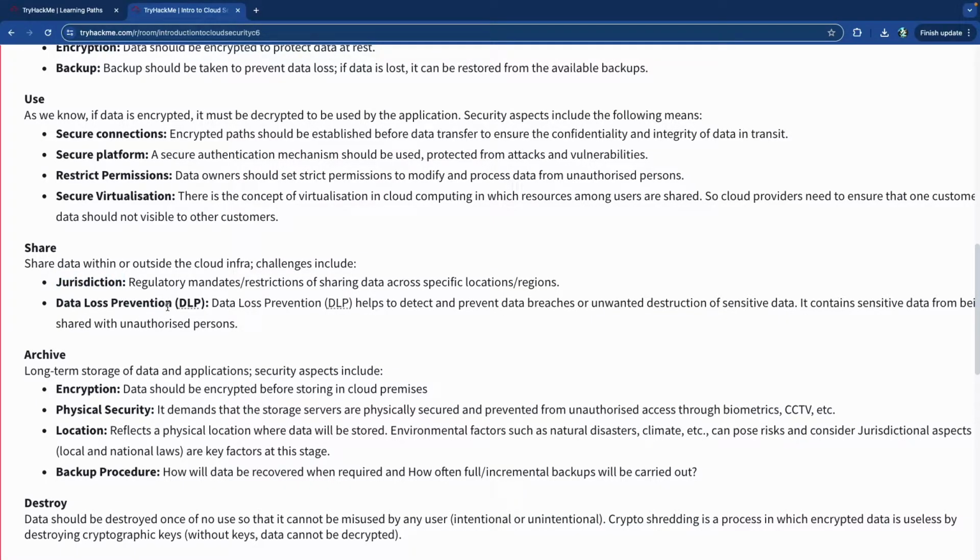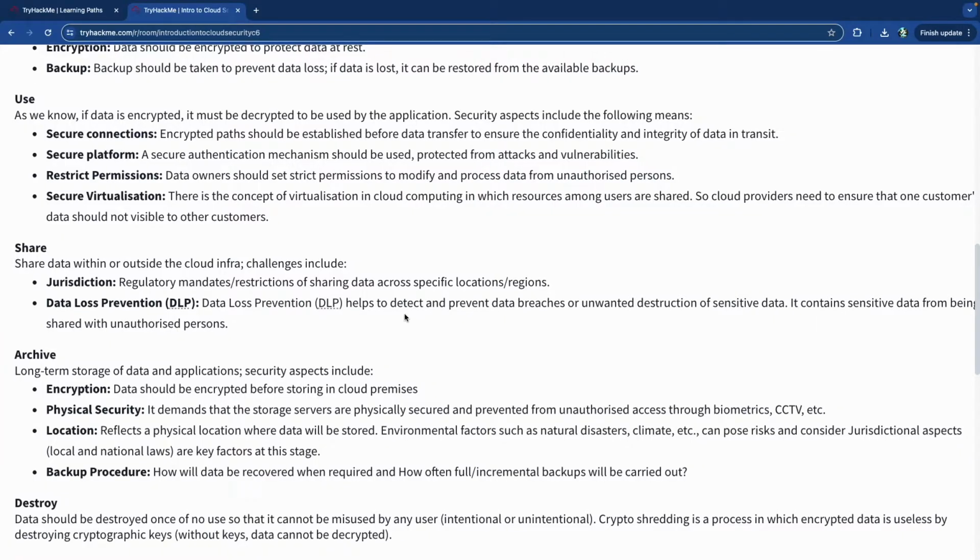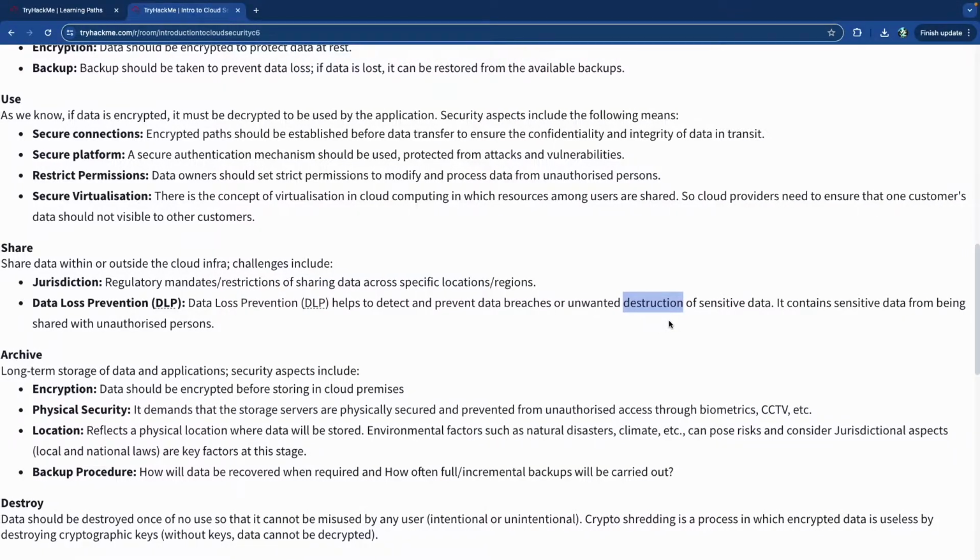Then you have DLP, data loss prevention, which goes across the board with a lot of stuff as well. Data loss prevention helps to detect and prevent data breaches or unwanted destruction of sensitive data. That's really, really important.